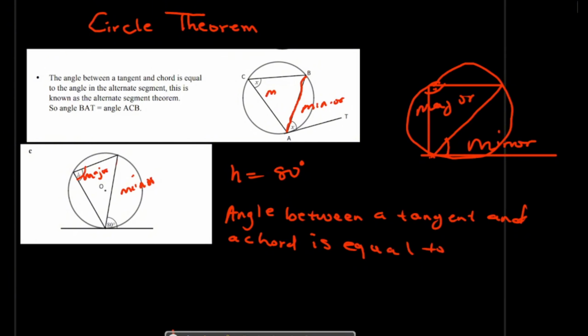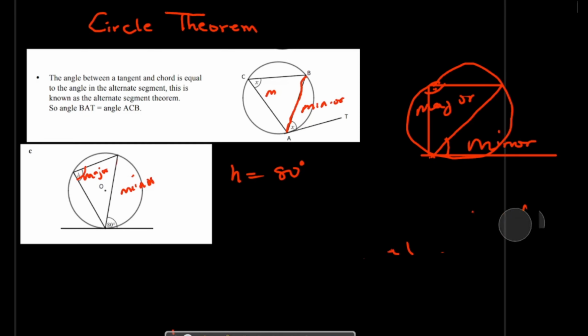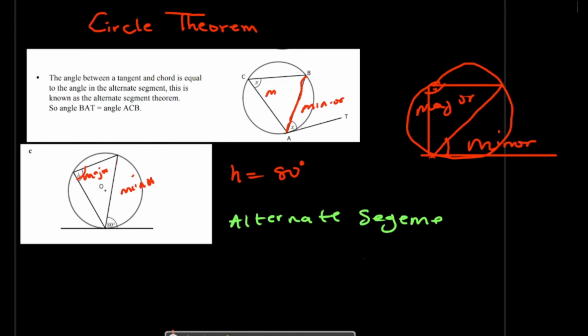So we can just simply say, if you don't want to waste words, alternate segment angles are equal. So let's use that. I think that sounds better, right? Alternate segment angles are equal.